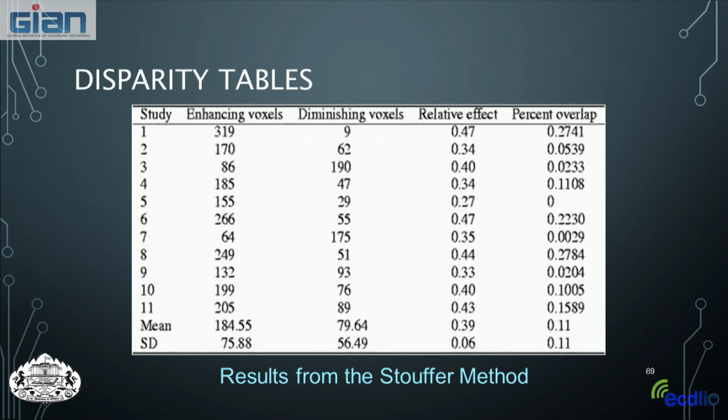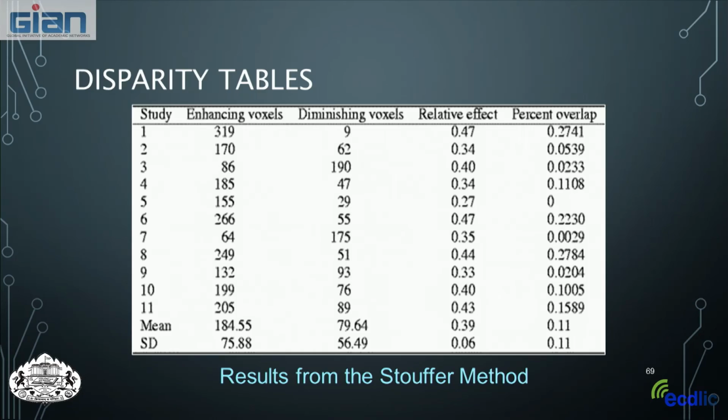So the person can either add to the information so that it makes an active voxel, or they can drag away from that activation so that the voxel becomes non-active when we put them in. And then we looked at the relative effect and their percent overlap with the complete group map.